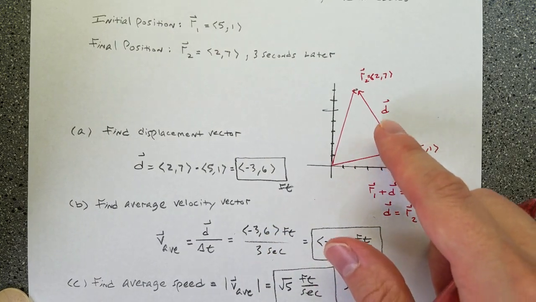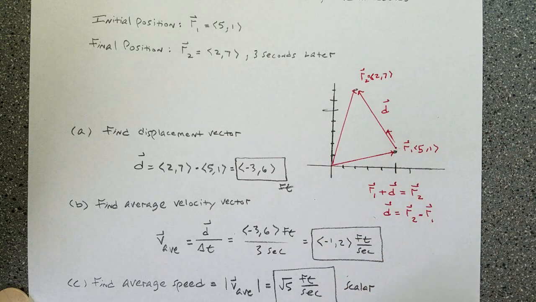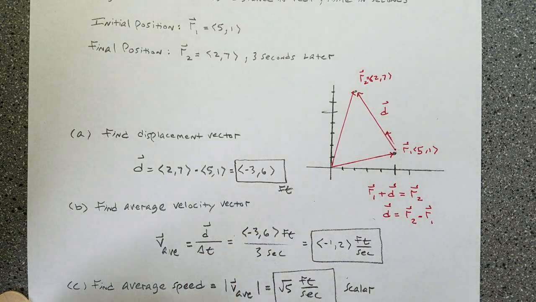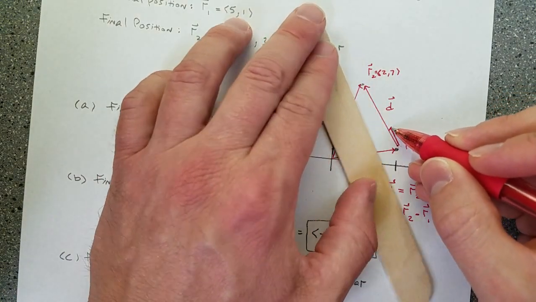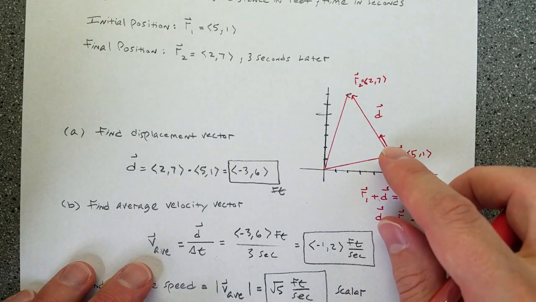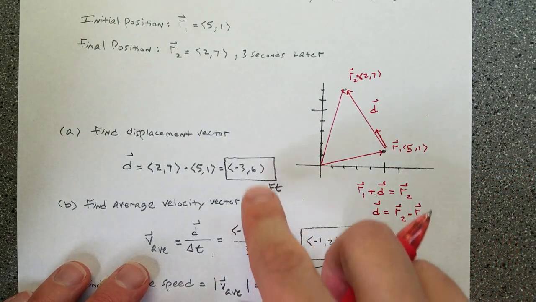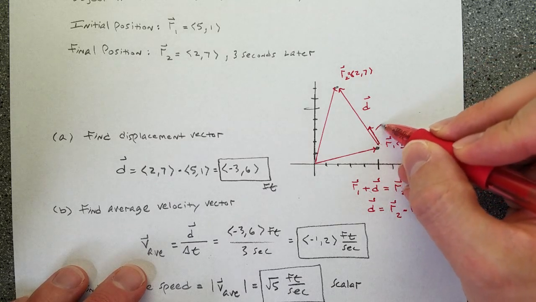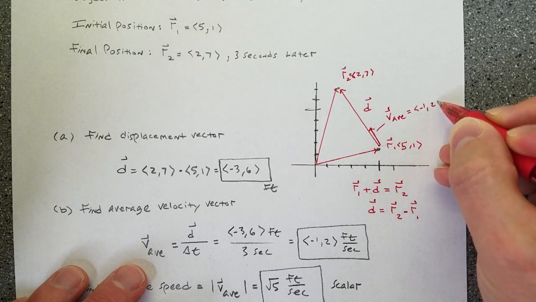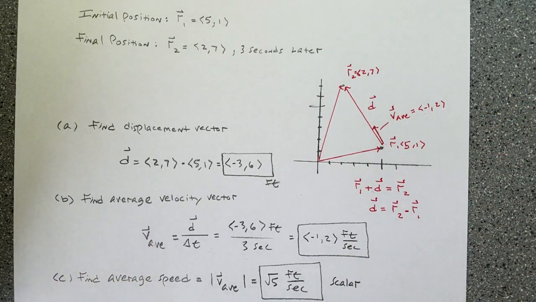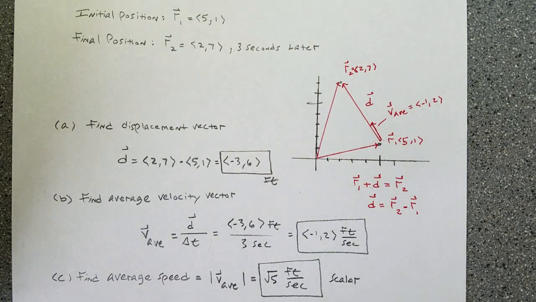So it'll have to point in the direction of the displacement, but it won't be the same size because you're dividing it by a time scalar, whatever that happens to be. So here, roughly to scale, I know this is not perfect, but the average velocity has to be a third as big as the displacement. There's the displacement. Right there is that average velocity, -1 and 2. It's going to point the same direction as the displacement. Just make sure you see why that is. So that's what I'll tell you about 5.